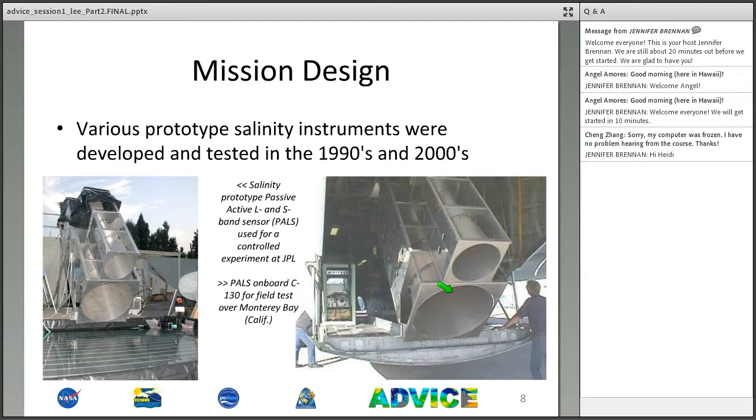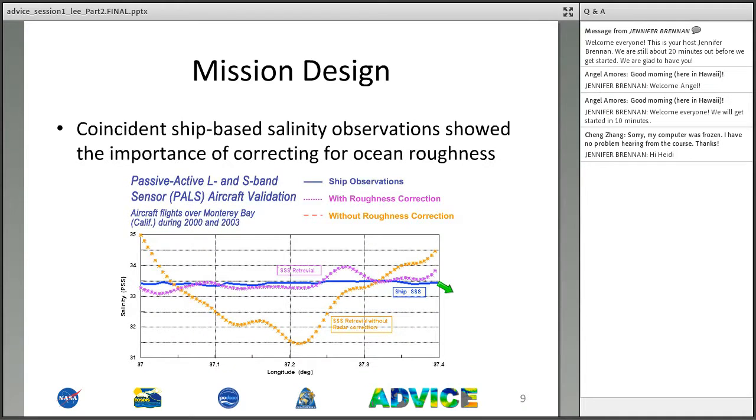So how did it go? Here is the graph showing the retrieved salinity from that field campaign, shown on the y-axis as a function of the longitude along the flight path of that field campaign.